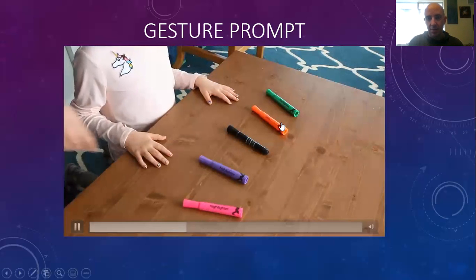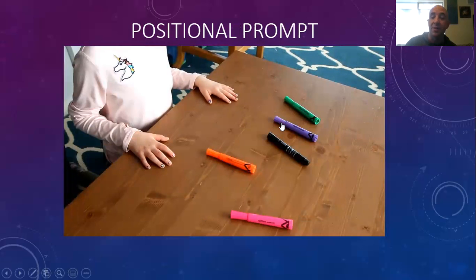Of course, positional prompt. Now this one is more apparent right now. So instead of pulling it in after I give the direction, I'm setting her up earlier. I'm putting the orange pen, which is the target on this trial, closer to her.